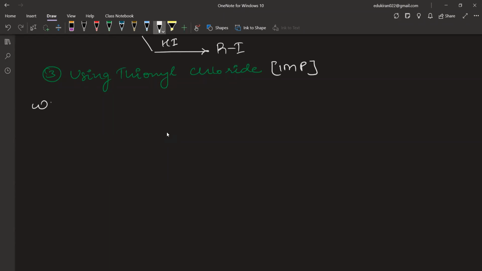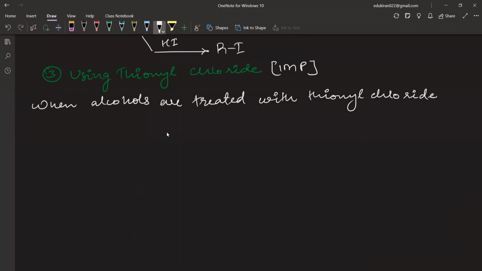Please write: when alcohols are treated with thionyl chloride, what will be prepared?